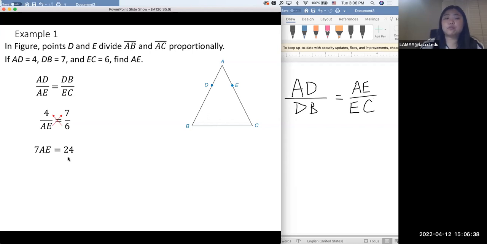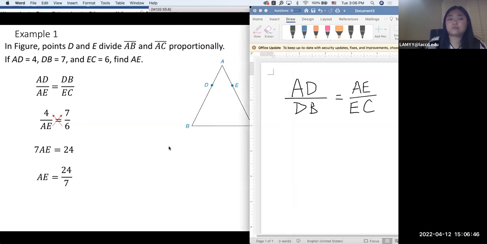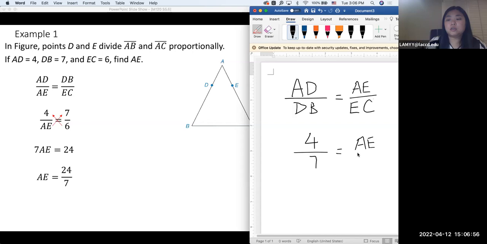Divide by 7 on both sides, and you get AE equal to 24 over 7. You're going to get the same thing here: 4 over 7 equal to AE over EC, right?